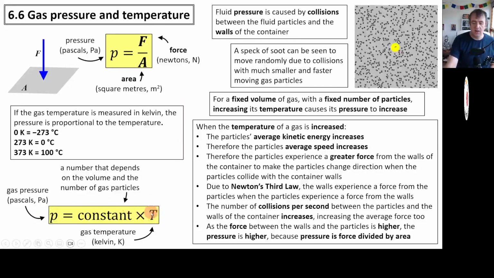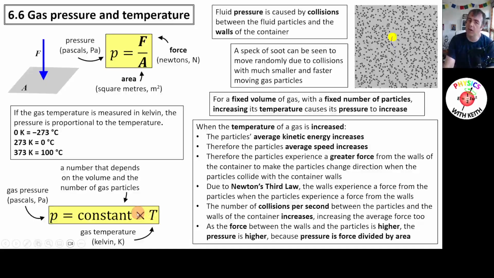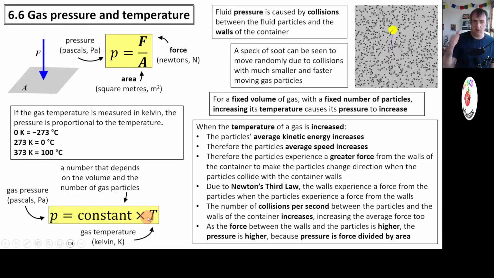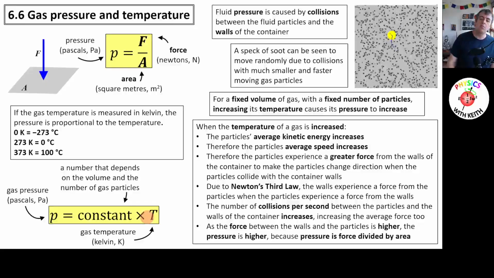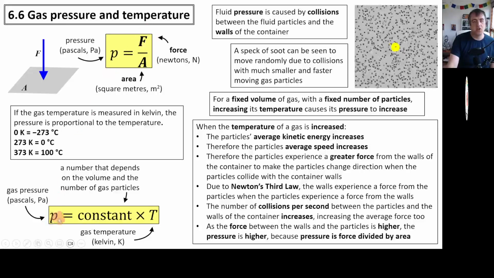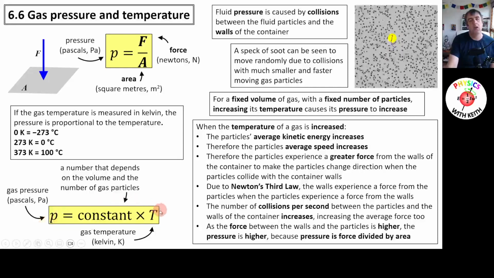Particles are moving faster, they collide more often, and because they're moving faster, more force is needed to change their momentum, make them turn around and go back the way they came. So both of those things increase the force on average, which therefore increases the pressure. Double the temperature doubles the pressure.